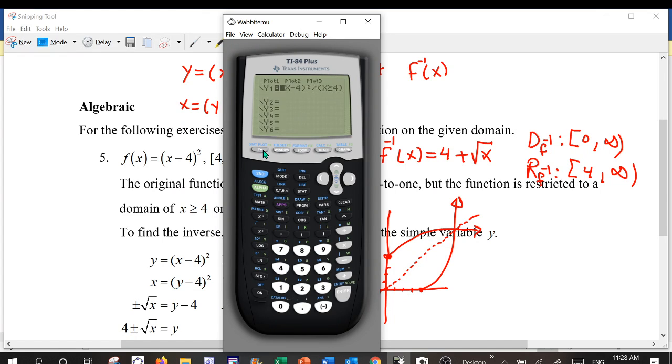We do the same for the inverse. So the inverse is that. We're going to put it in parentheses, 4 plus square root of x. And then we divide it by parentheses. Now the domain has to be greater than 0.